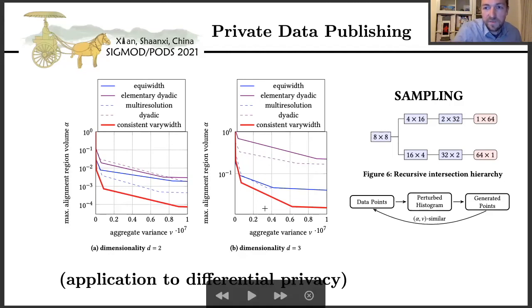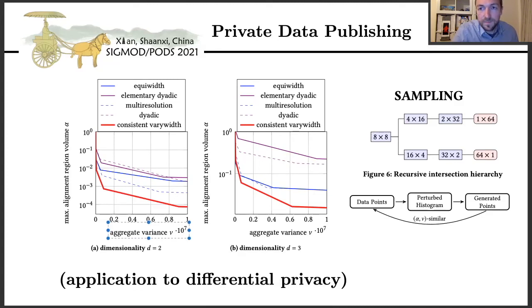And we evaluated how well each technique does in this task by fixing the aggregate variance, which is the precision of the outputted statistic, even for query boxes which are aligned with our binning. So even if we have, let's say, a regular grid and the box is perfectly aligned with the grid cells, even then we will have some noise. And this is what we fix here.